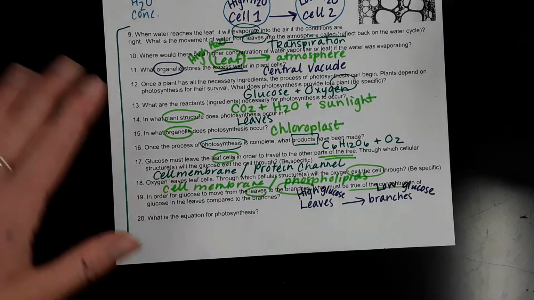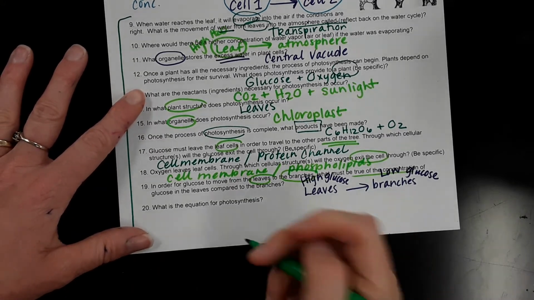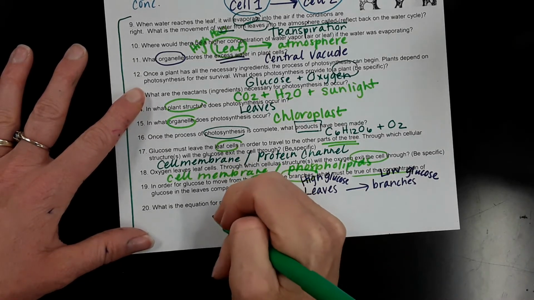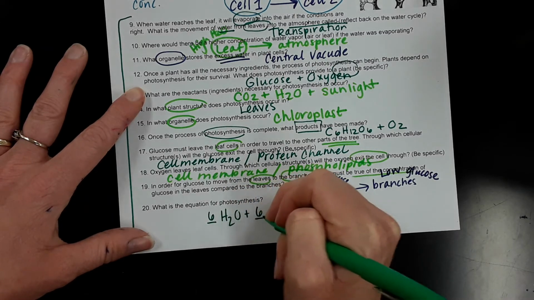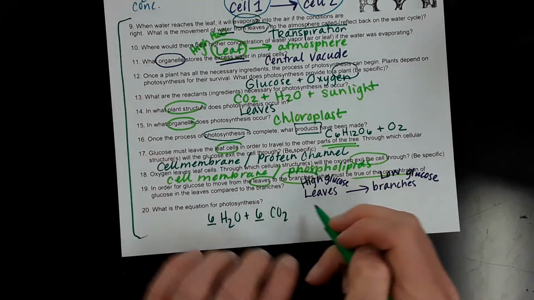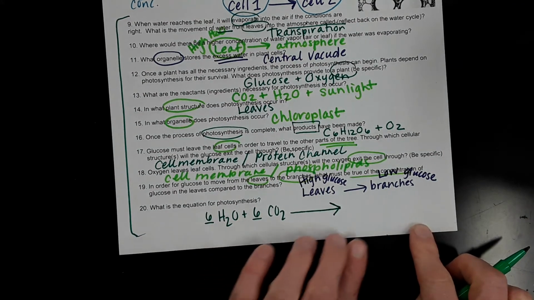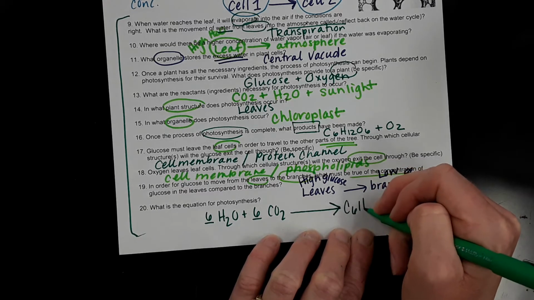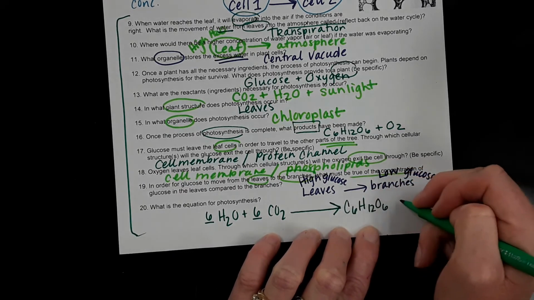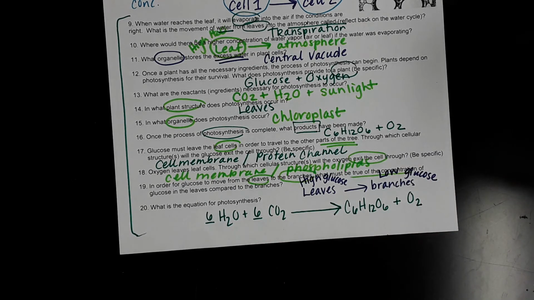Number 20 is just what is the equation for photosynthesis? And so that balanced equation is 6 water molecules plus 6 carbon dioxide molecules go through a chemical reaction called photosynthesis, and it's going to produce glucose, C6H12O6, and oxygen gas, O2.